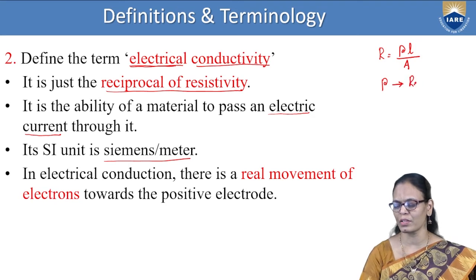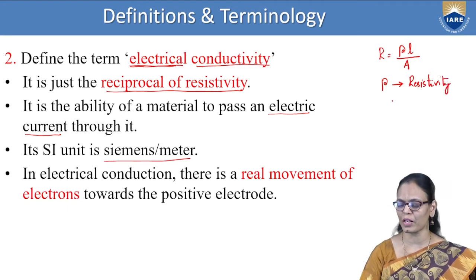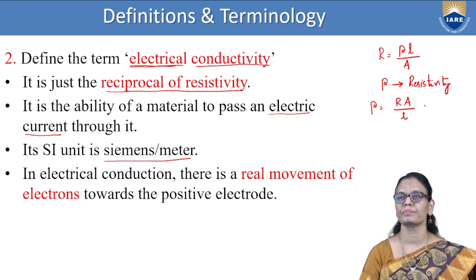And the formula for rho is rho equal to RA upon L. If you write the unit for resistivity, resistance is measured in ohms, area in meter square and length in meter, so we have ohm meter.